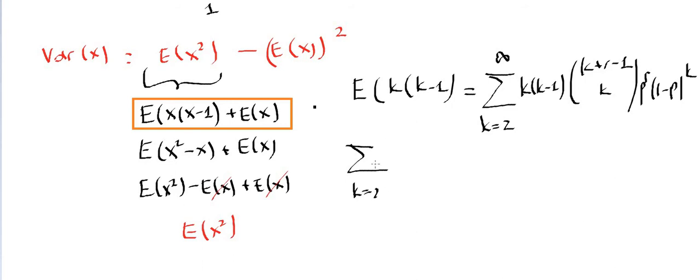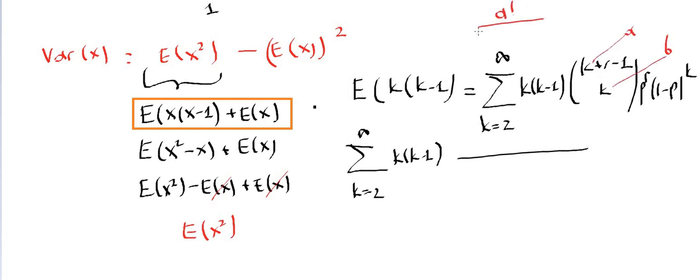So for k from 2 to infinity, we have k times (k minus 1), and by the definition of combination, you can think of it again like a and b: a factorial over b factorial times (a minus b) factorial.